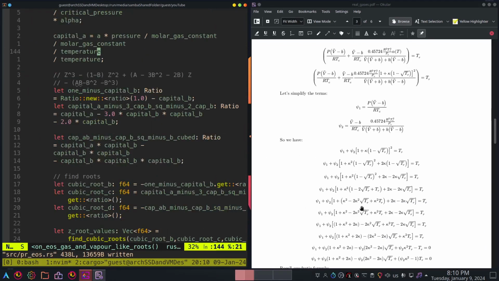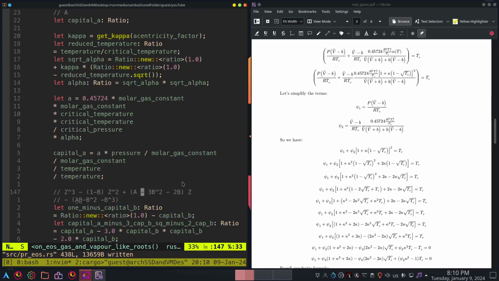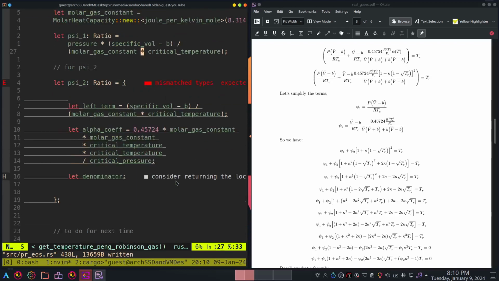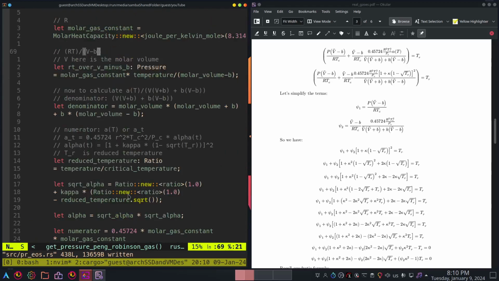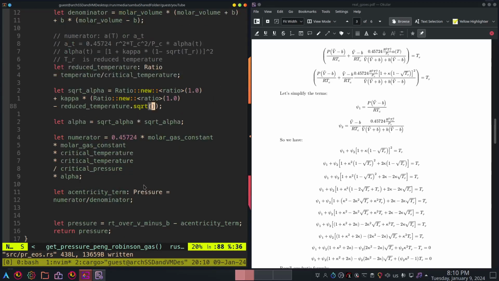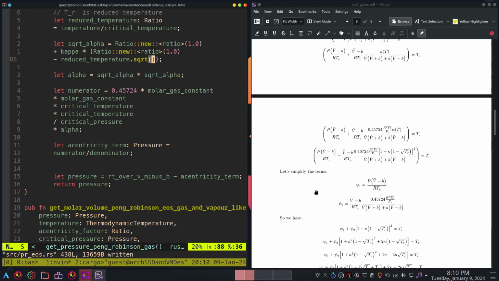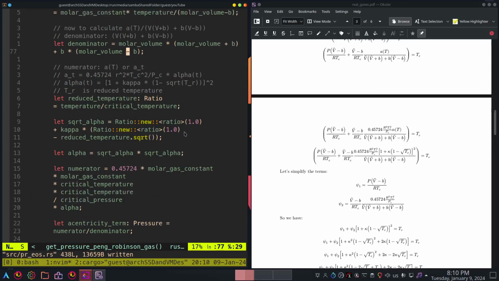Did I calculate this before? Actually, I would have done it in the get pressure of the Peng-Robinson gas. This is the numerator. There's the eccentricity term. Yes, this is the denominator thing.